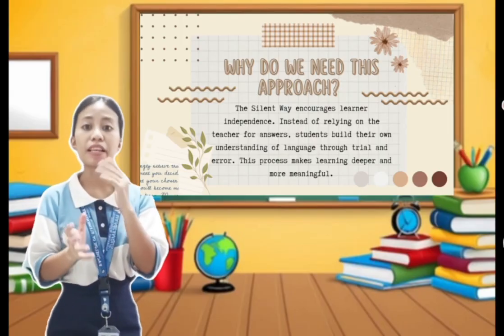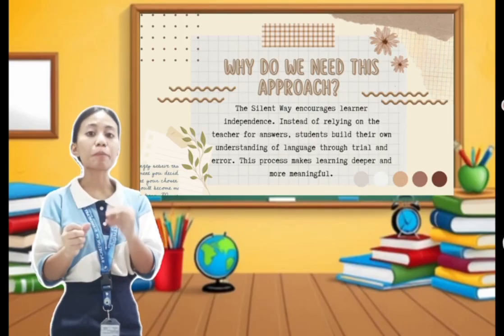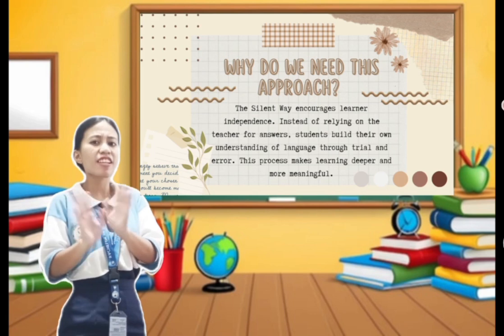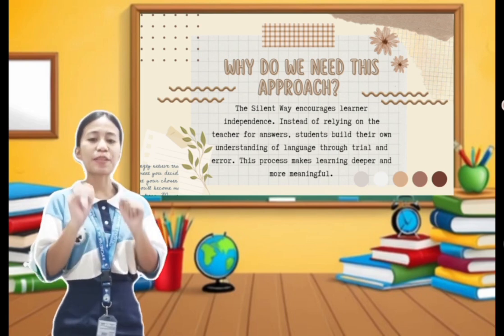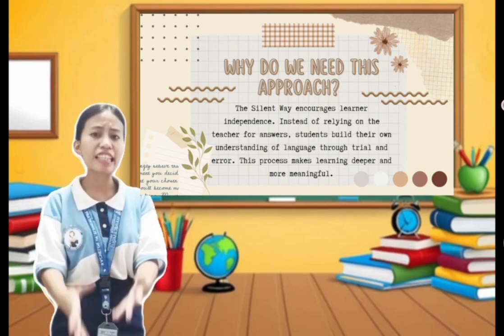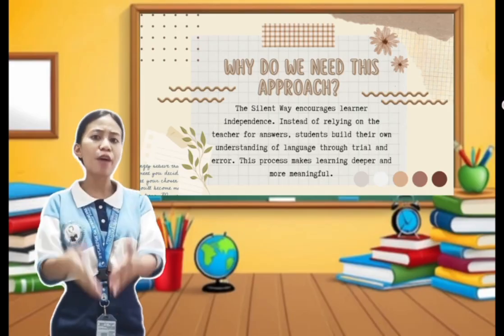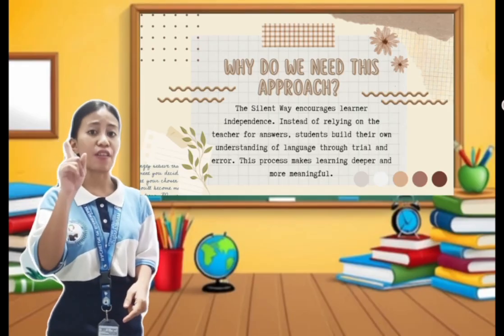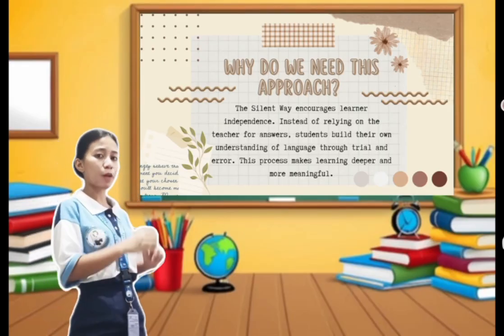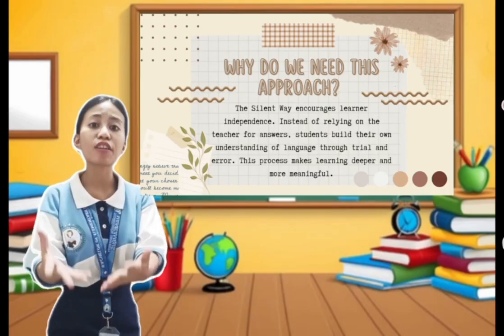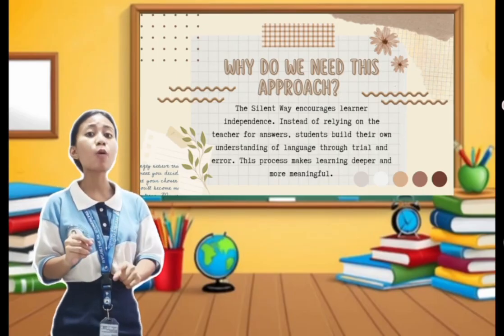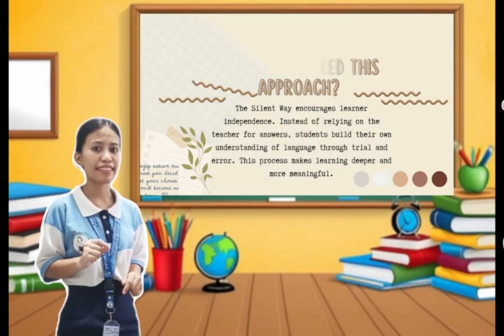If a student makes a mistake, the teacher points to the chart again but doesn't give the answer. The students keep trying until they figure out the right answers on their own. Through this process, they learn the colors by solving the problem themselves.